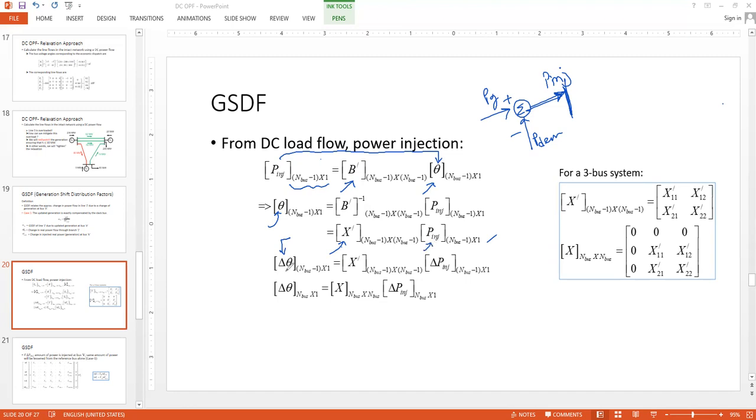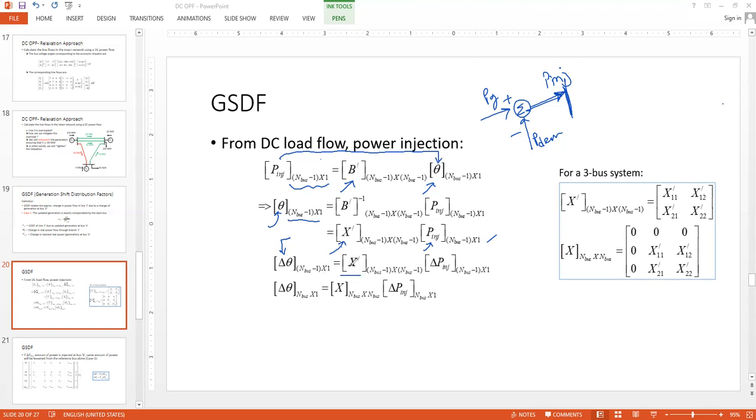Now, in the next line, we take the incremental form. We ask what would be the change in theta due to some change in injection. We are not interested in the actual value, rather in the change in that variable. So you see del theta, dimension still n bus minus 1 by 1.